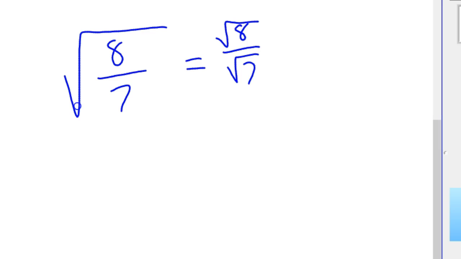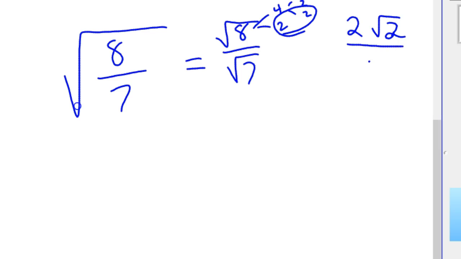Well, the square root of 8 we could simplify. Square root of 8 breaks into 4 and 2. 4 breaks into 2 and 2. We have a pair of 2's, which goes out front. So in the top we have 2 root 2, and on the bottom we have root 7.